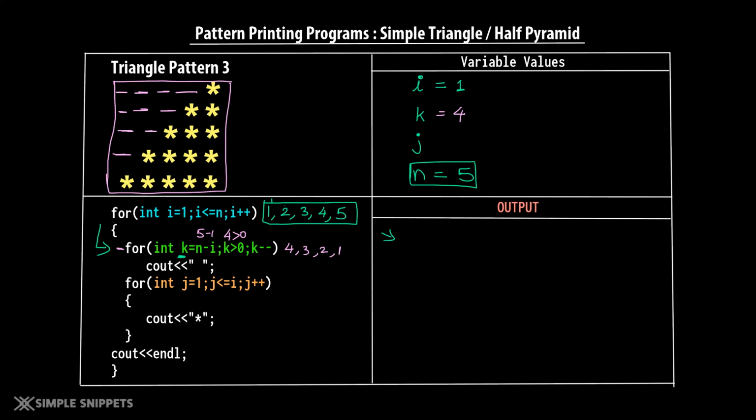And when it becomes 0, this condition will become false, since 0 is not greater than 0. So then you'll exit this for loop. Inside this for loop, we have only one statement, which says cout and a space. So a space is getting printed 4 times, and you can see 4 blank spaces will be created.